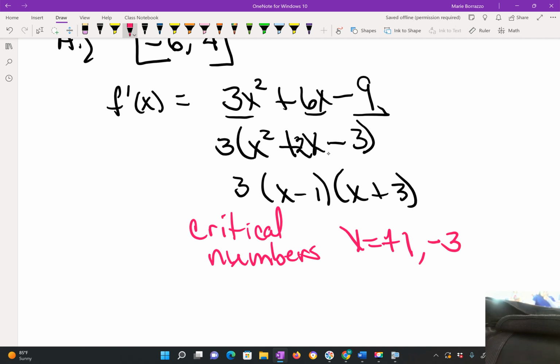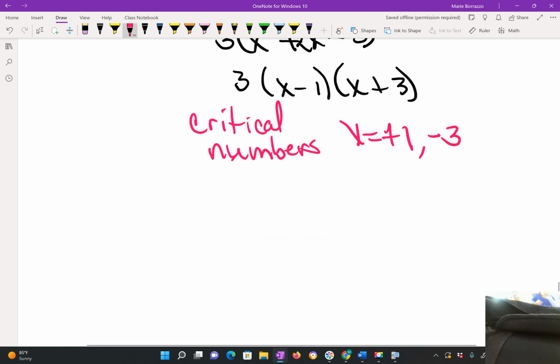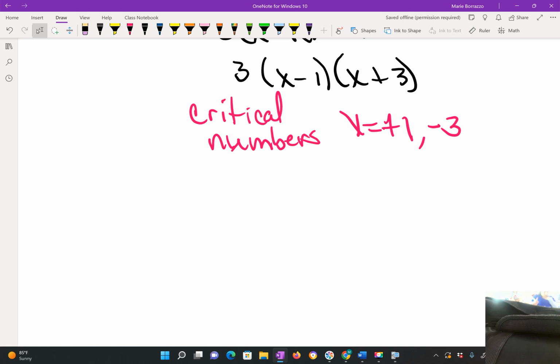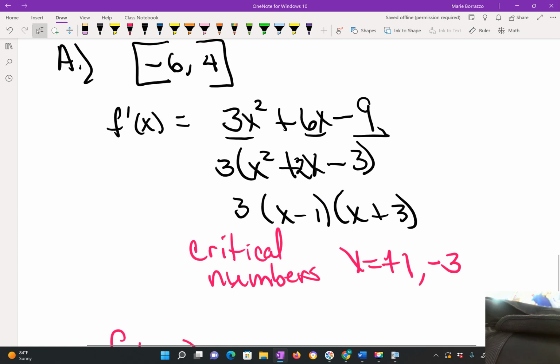Now we want to evaluate the endpoints. So we go back to that number line concept, and if I'm looking at the endpoints, I'm looking at f of -6, because remember our endpoint was -6 and 4.